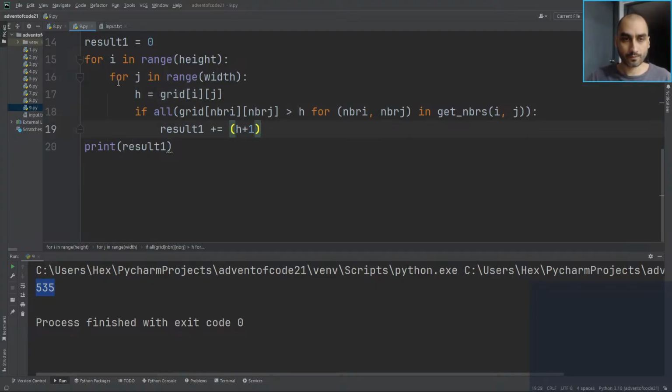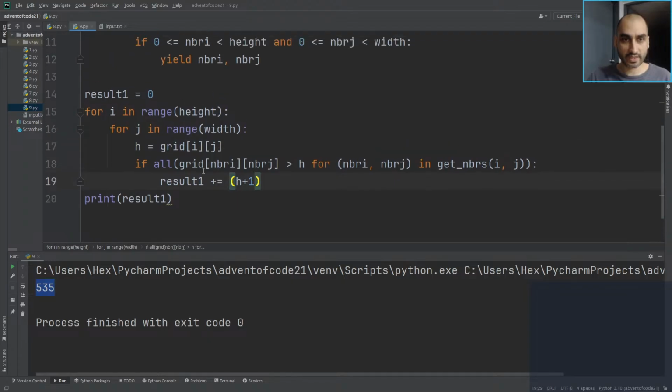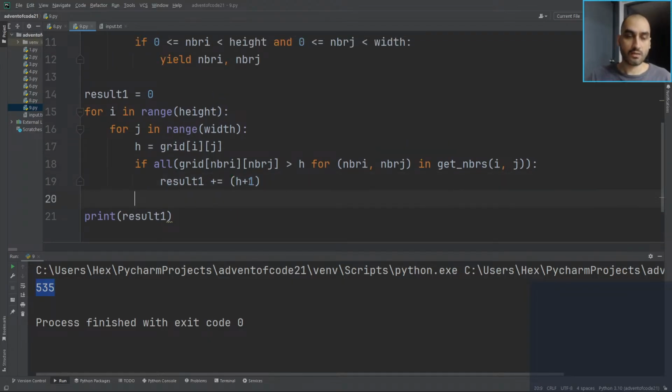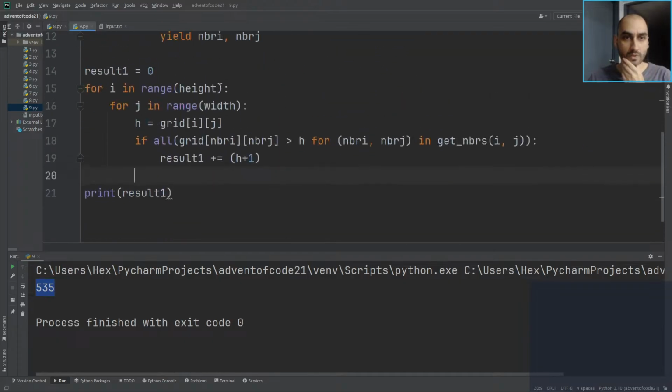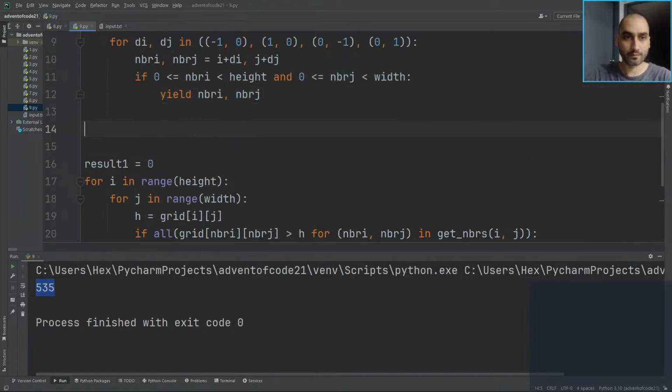So at this point, i j is a trough. Alright, so we're going to have to write just like a basic DFS.